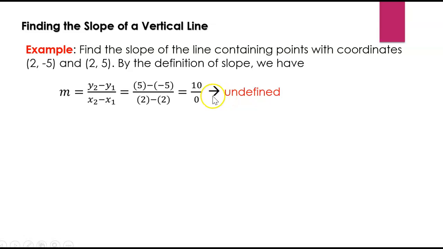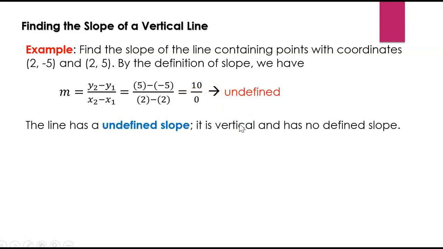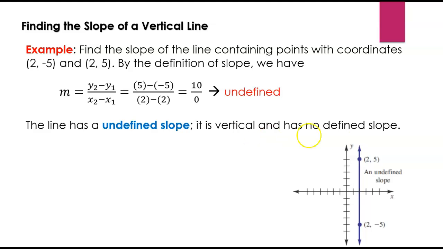Here we find that this value, since we cannot divide by 0, is undefined. We say the line has an undefined slope. It is vertical and has no defined slope. So if we picture this, remember that a vertical line always has an undefined slope because we would be subtracting the same x value and dividing by 0.